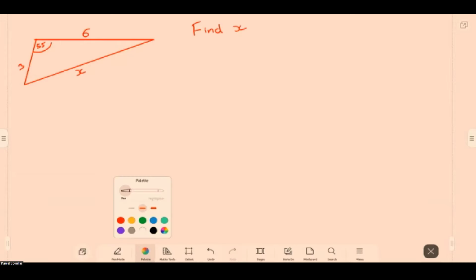That's as simple as that question needs to be. Now we're going to use the cosine rule for that.